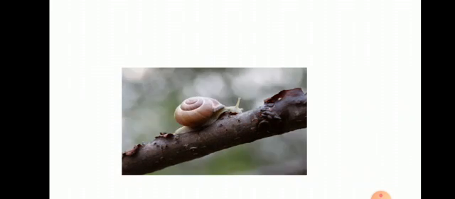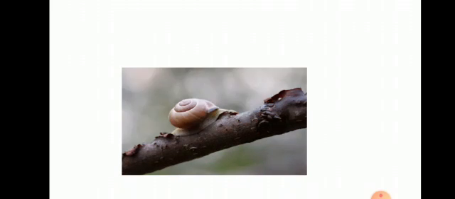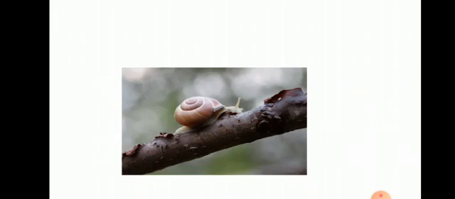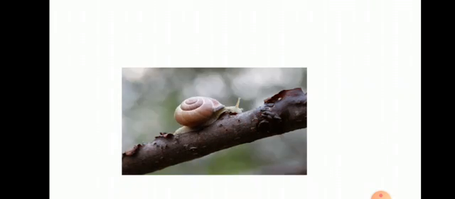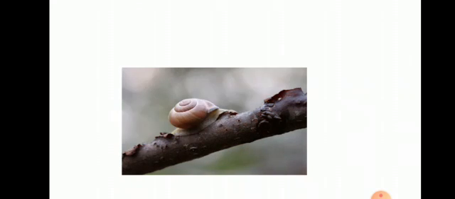Tilt the glass plate a bit. A thick structure and the head of the snail may come out of an opening in the shell. A wave motion of the foot can be seen. So the thick structure that comes out of the shell acts as the snail's foot and is made up of strong muscles. You see the picture.